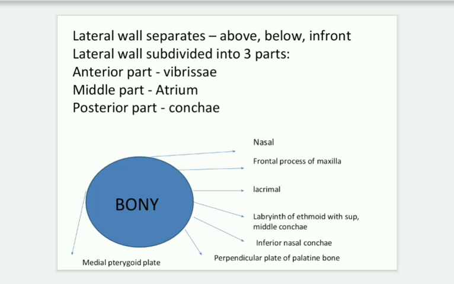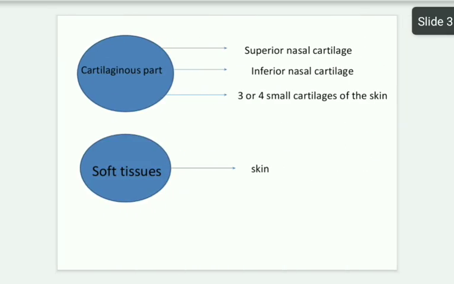These are the bony parts of the lateral wall of the nose. Next, cartilage: superior and inferior nasal cartilages, and there are some other 3 to 4 small cartilages in the skin also, and the soft tissues are mainly the skin.